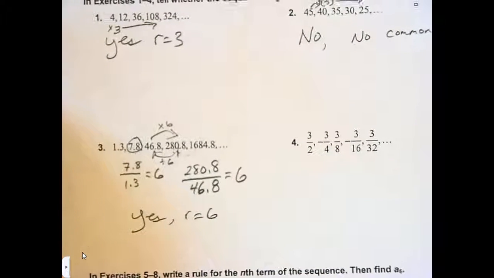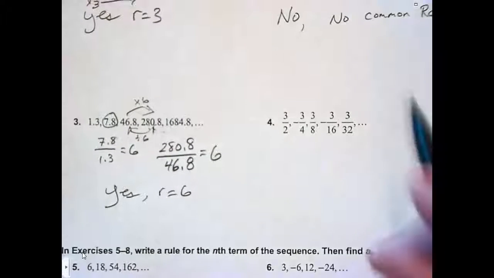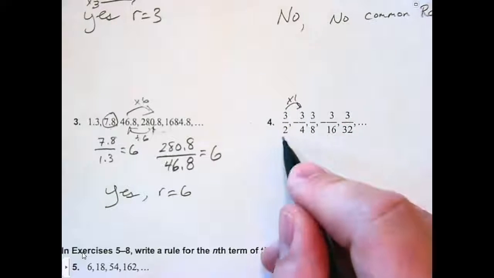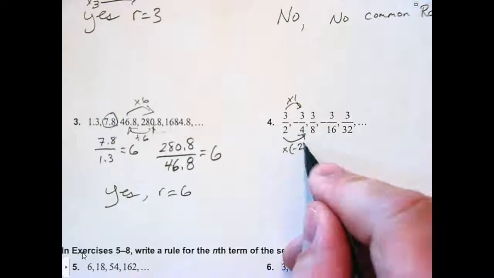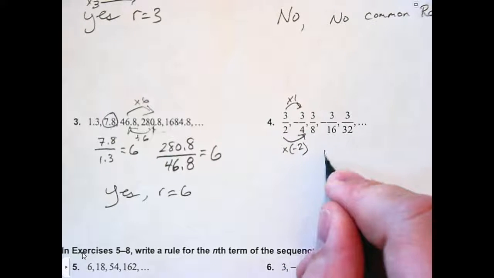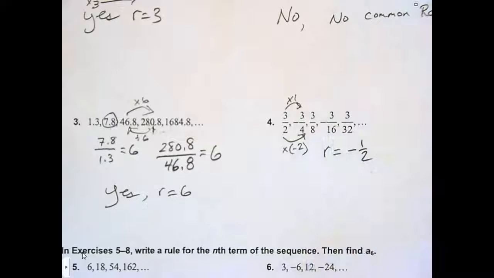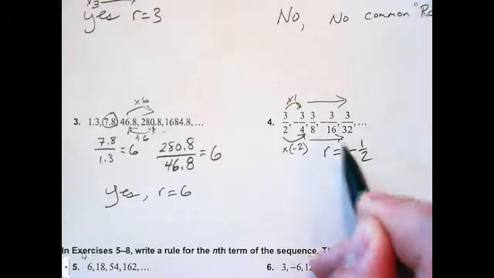All right. You want to figure out number 4? Kind of taking a look at it. Times 1 there. -2 there. So R is -1/2. That pattern continues. Okay? You keep doing it all the way down.